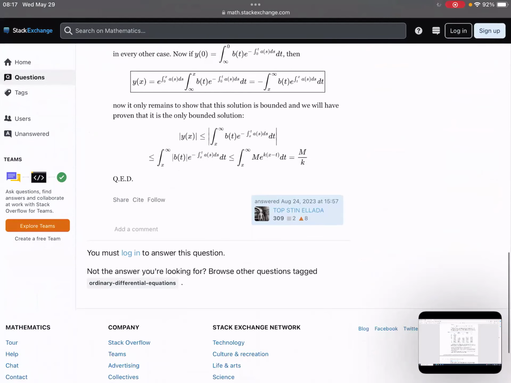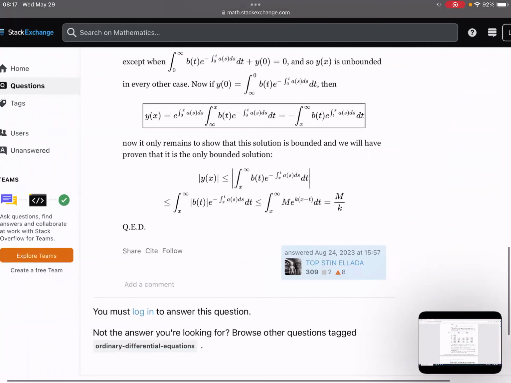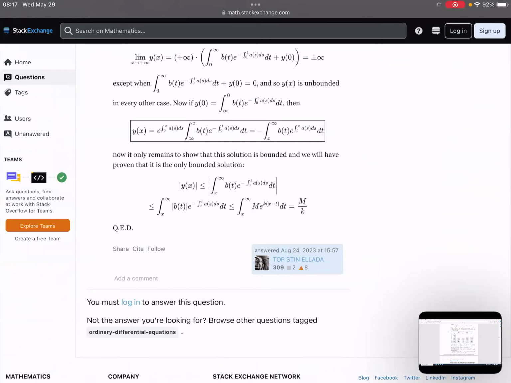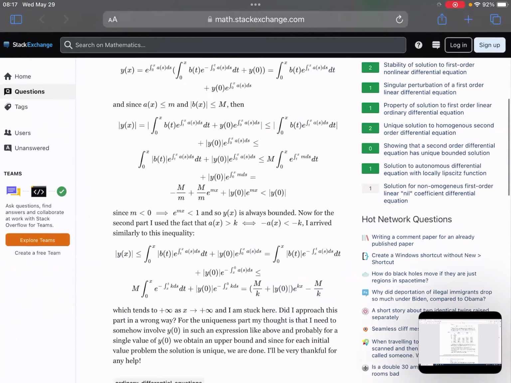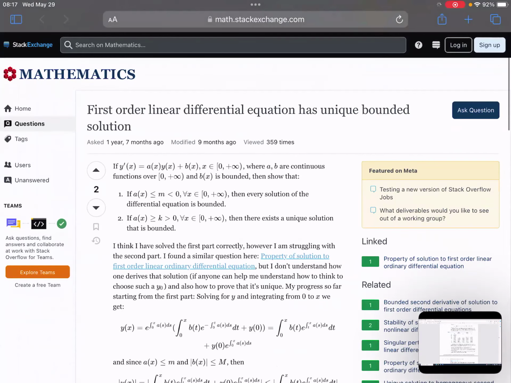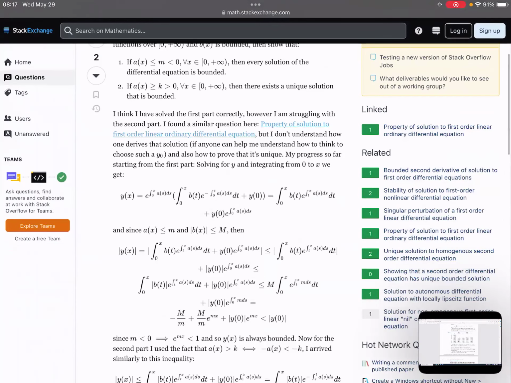But here at the end of the day, M and k are just the bounds. The capital M is the upper bound for B of x, and the small k is the lower bound for A of x.